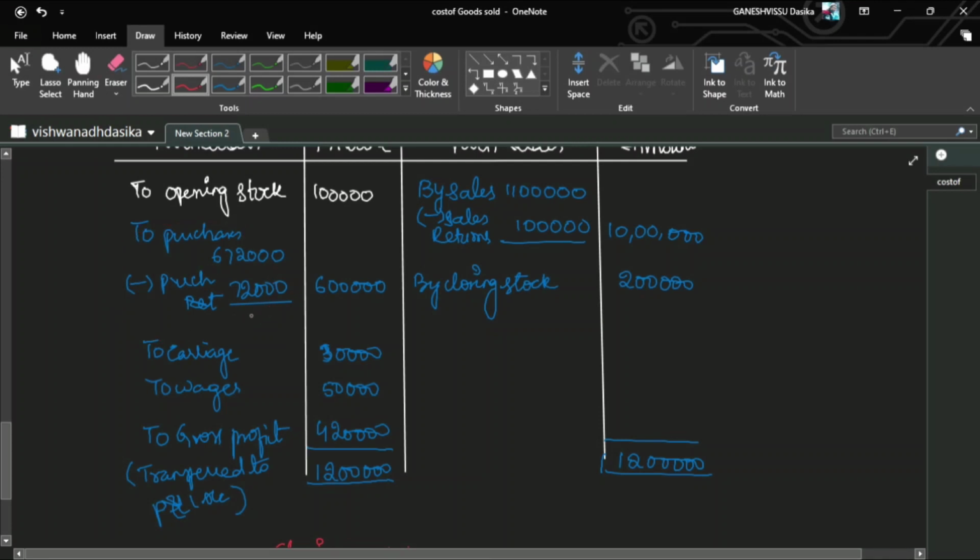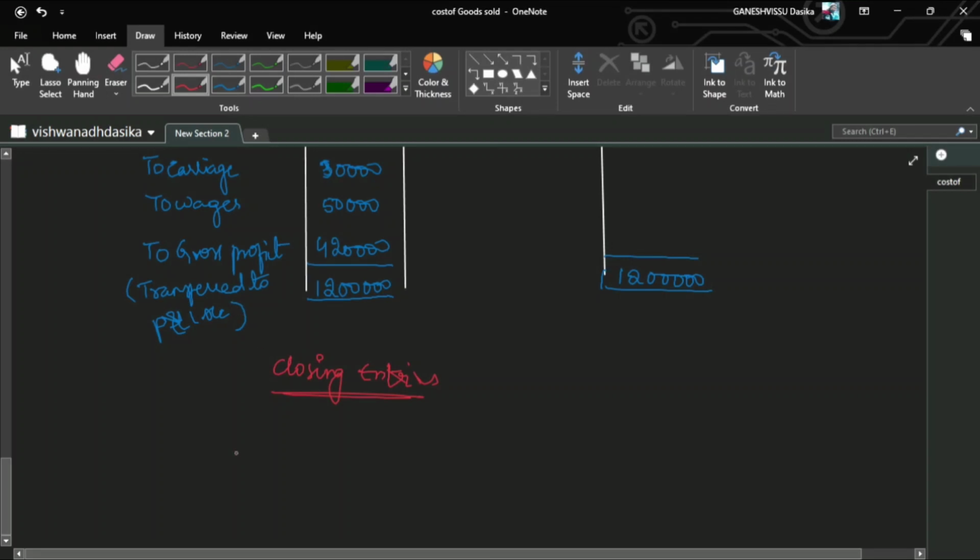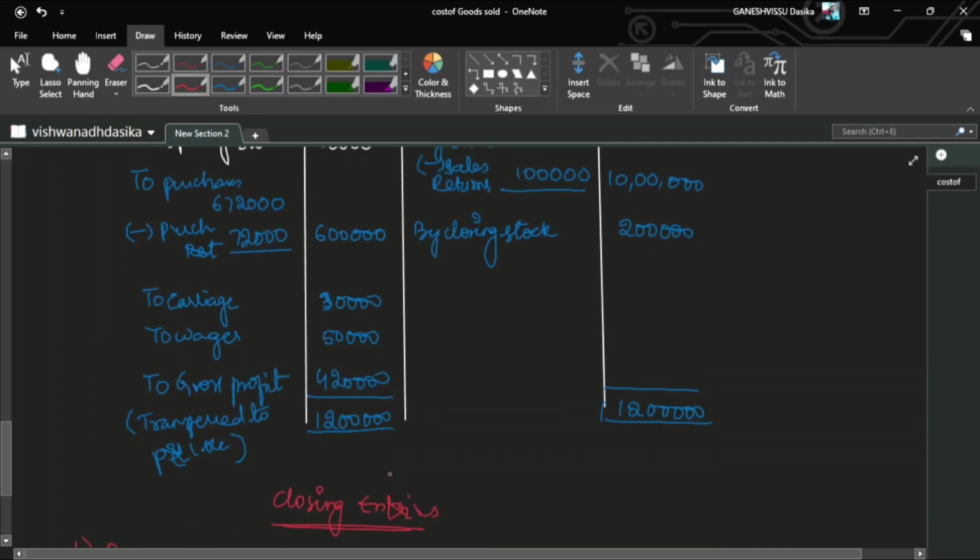That means we are decreasing the purchases. When we are decreasing the purchases, it should be credited. The first entry would be: Returns outwards account debit to purchases account for how much rupees? 72,000.